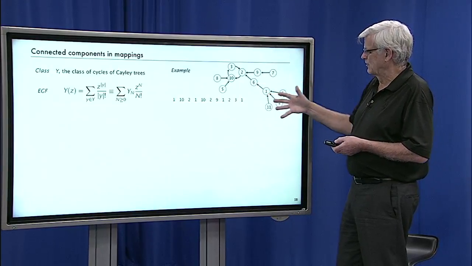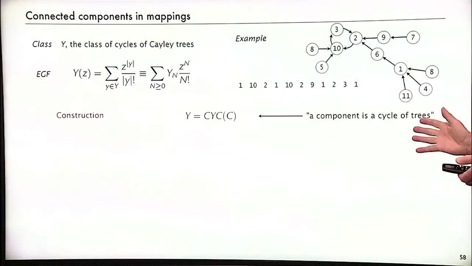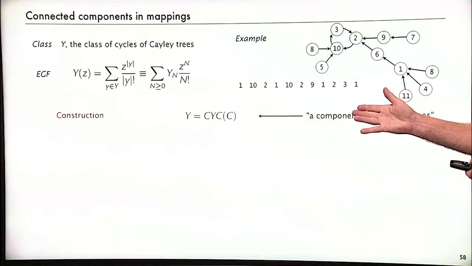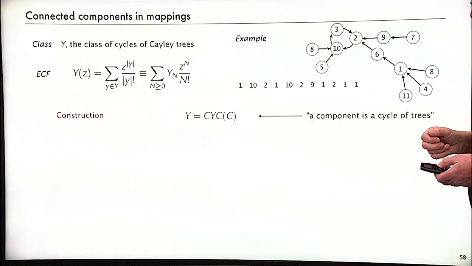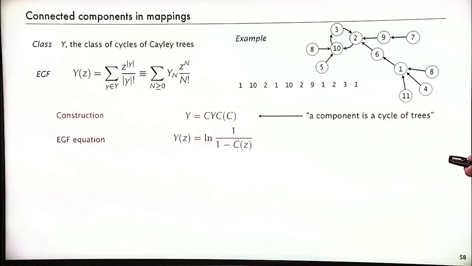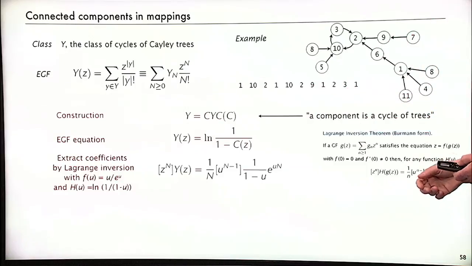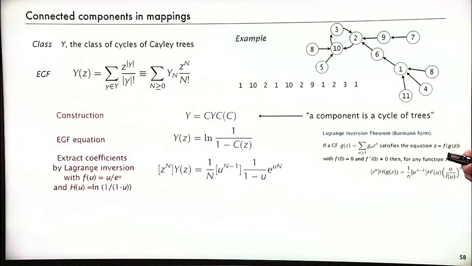So this is a typical cycle of trees, and clearly the construction we're going to use is components, a cycle of trees. And then from the symbolic method, just log of 1 over 1 minus. And that is immediately available for Lagrange inversion.